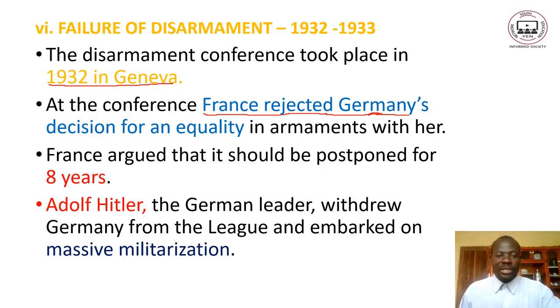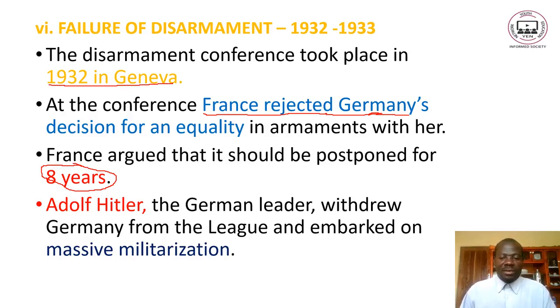So Adolf Hitler presented that she wanted to be equal with France. France rejected that proposal. France suggested that maybe it can be postponed for another 8 years, and maybe after 8 years that is when it can be looked at.